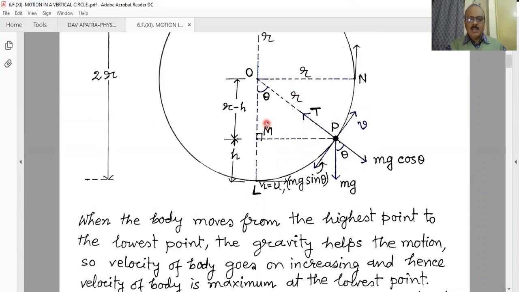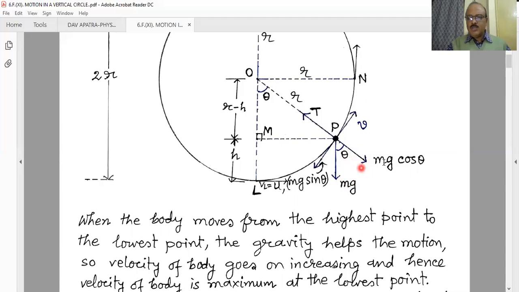We can consider that OP makes an angle theta with the vertical line. That means theta is the angular displacement when the object passes from L point to P point. This vertical line is also along the vertical direction, therefore PL is parallel to this line, and we can say this angle is also theta, the corresponding angle.